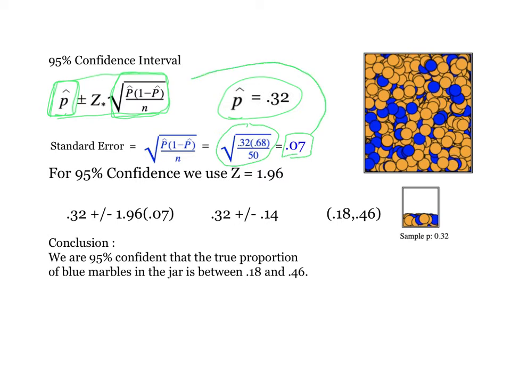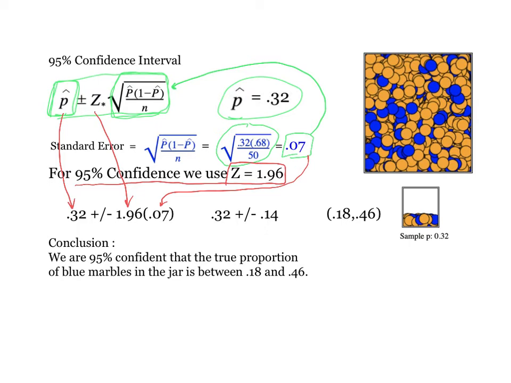So that will go into the equation. And the only other thing I need is the z-score. And I wanted 95% confidence. So remember from the previous calculations, for 95% confidence, we use a z of 1.96. So filling in my equation, p hat is 32%, the z-score is 1.96, and my standard error was the 7% from over here.